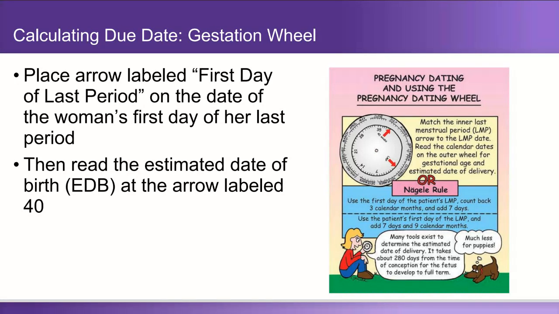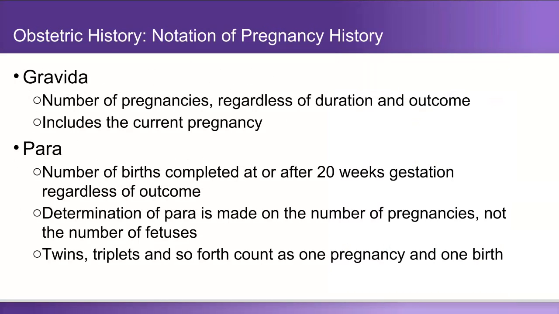We can determine by this wheel how many weeks her gestation is. Based on her last menstrual period, if it's now August 15th, we can quickly see how many weeks pregnant she is. That was a bad sample because I said her last period was November. So let's say she came in January. We could determine how far along she was.